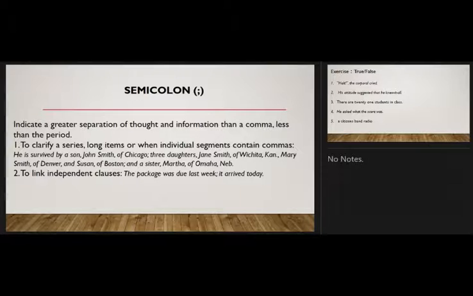Like the following example, he is survived by a son, John Smith of Chicago; three daughters, Jane Smith of Wichita, Kansas, Mary Smith of Denver, and Susan of Boston; and a sister, Martha of Omaha, Nebraska. Second, it's used to link independent clauses, like the package was due last week; it arrived today.